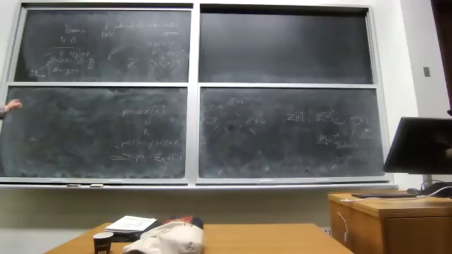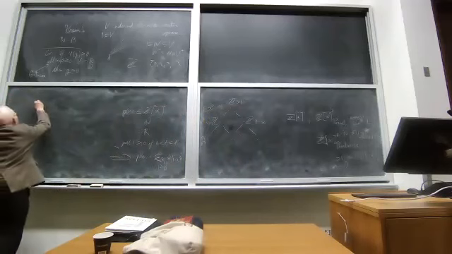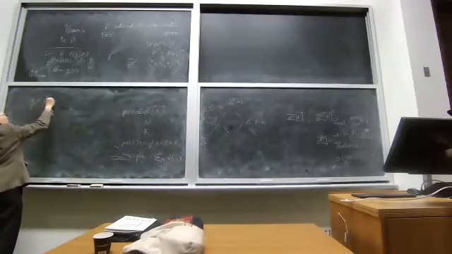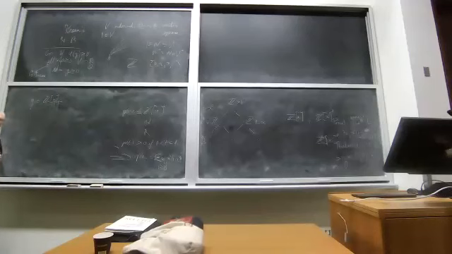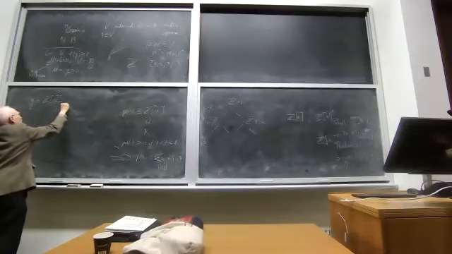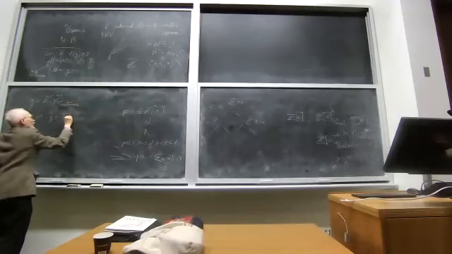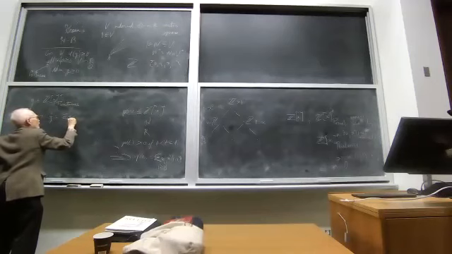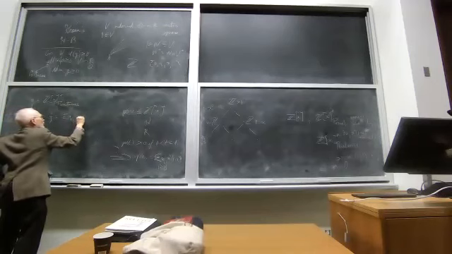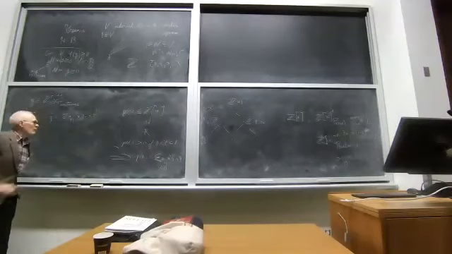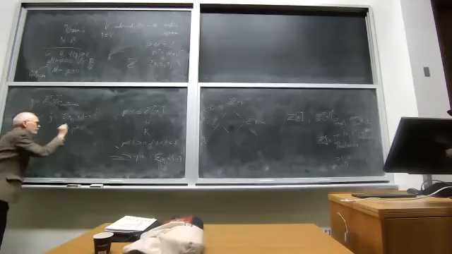So, how do we apply the corollary? G belongs to, of course I have to say point, implies that G is equal to the sum of numbers.